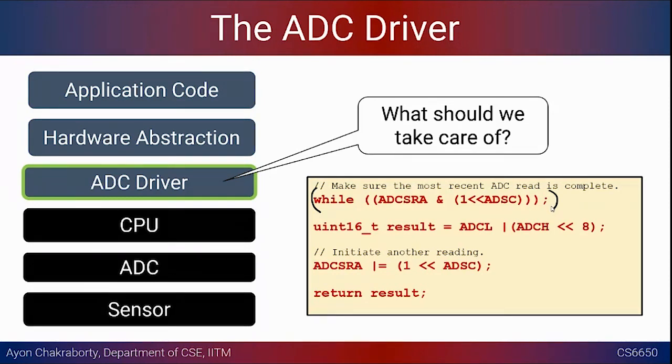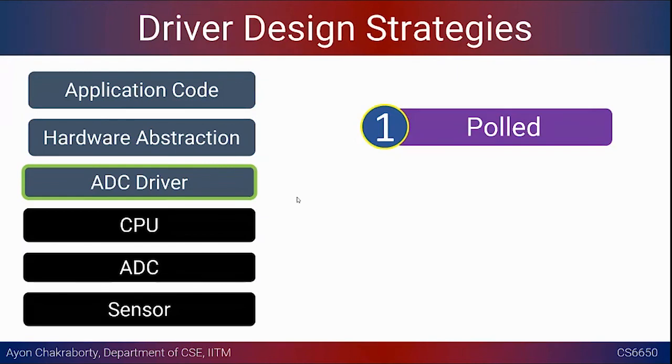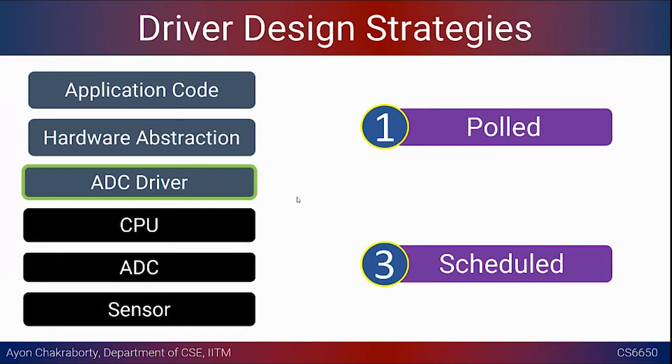The first way that we already showed in the temperature sensor example was polling. So this was a fold strategy. You keep on checking a particular variable whether the conversion has finished or not. Then there are other strategies. There could be something called a scheduled strategy, where every 100 milliseconds you come back, do your work, and then check whether your data is ready or not.